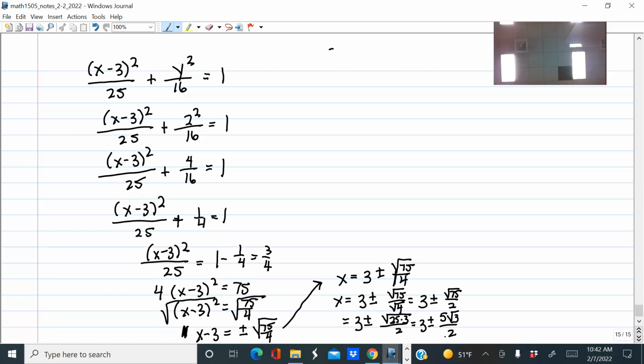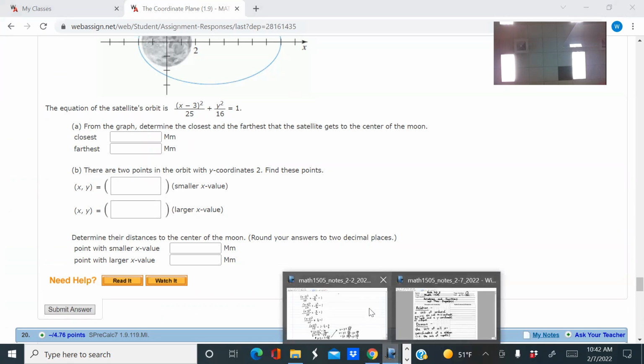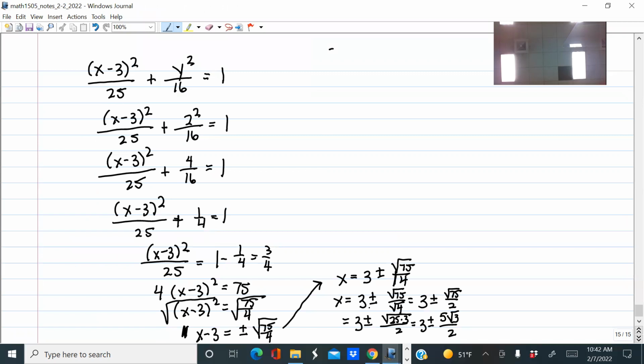Now, one thing about WebAssign, and you have to be careful about this: if WebAssign does not ask for a decimal, it probably wants the exact answer. Decimals are not the exact answer. They are approximations to the exact answer. This is the exact answer, the two exact answers.